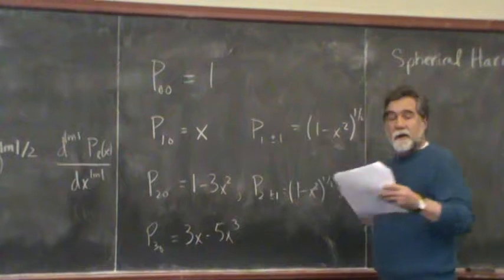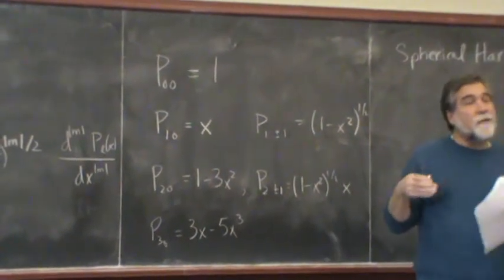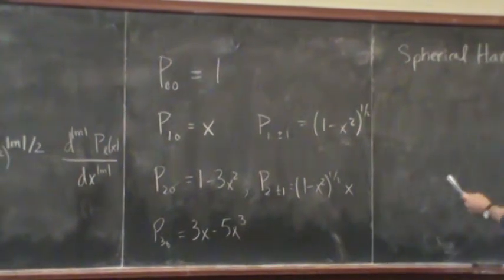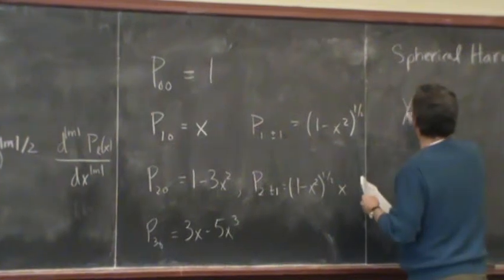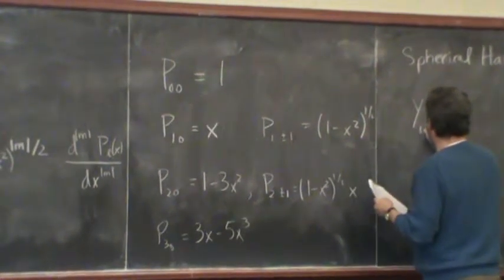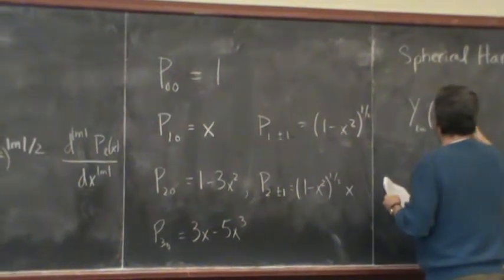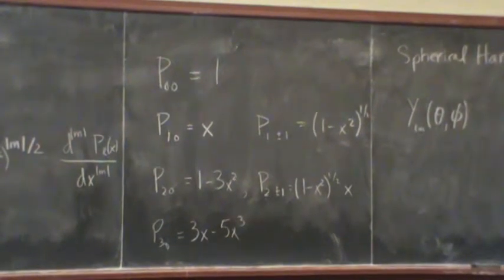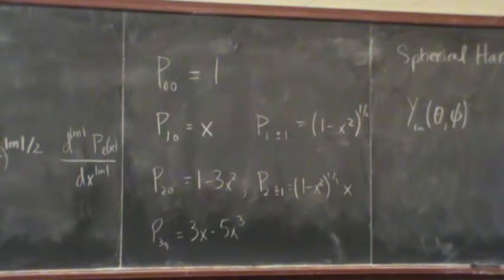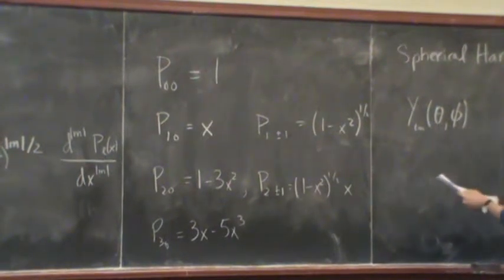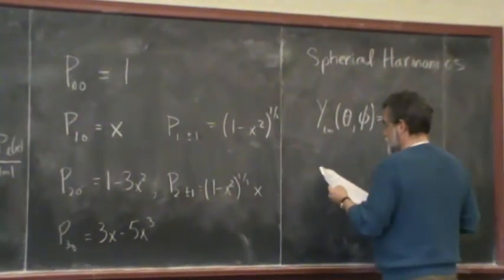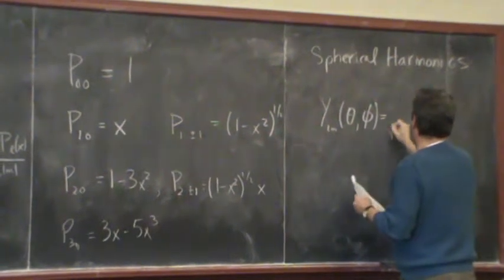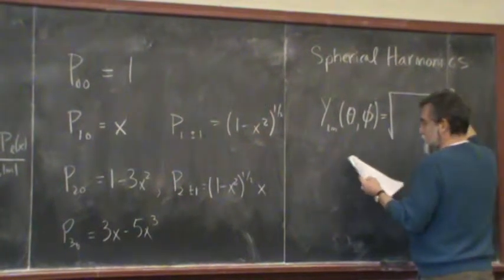And spherical harmonics, which are the normalized form that include the e to the i m phi, are usually written as a capital Y, L, M. They are functions of theta and phi. And normalized, this is messy, but we only have to worry about it once.